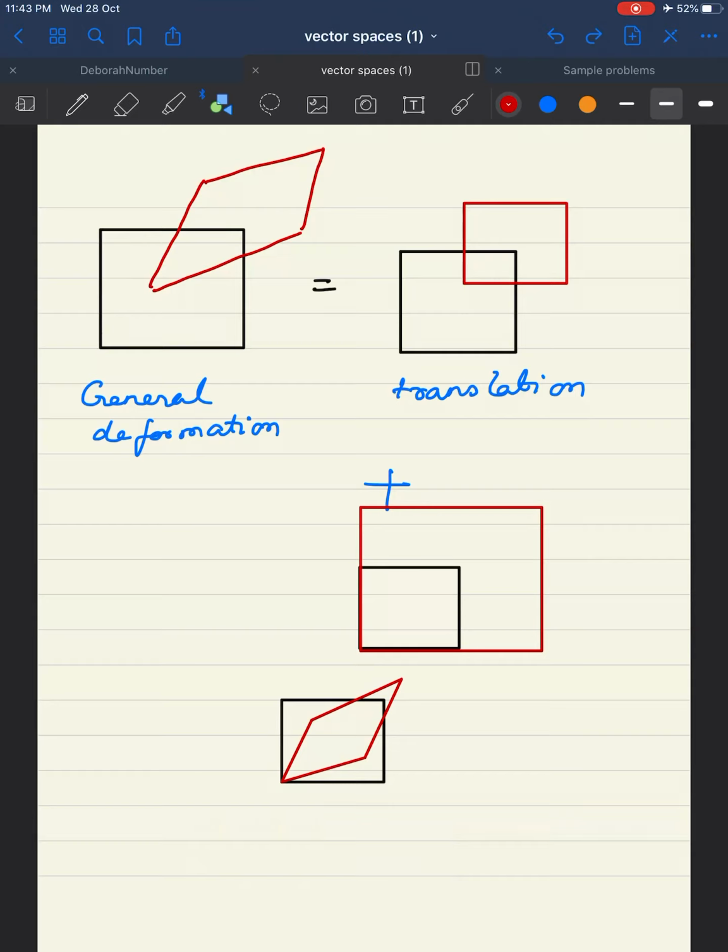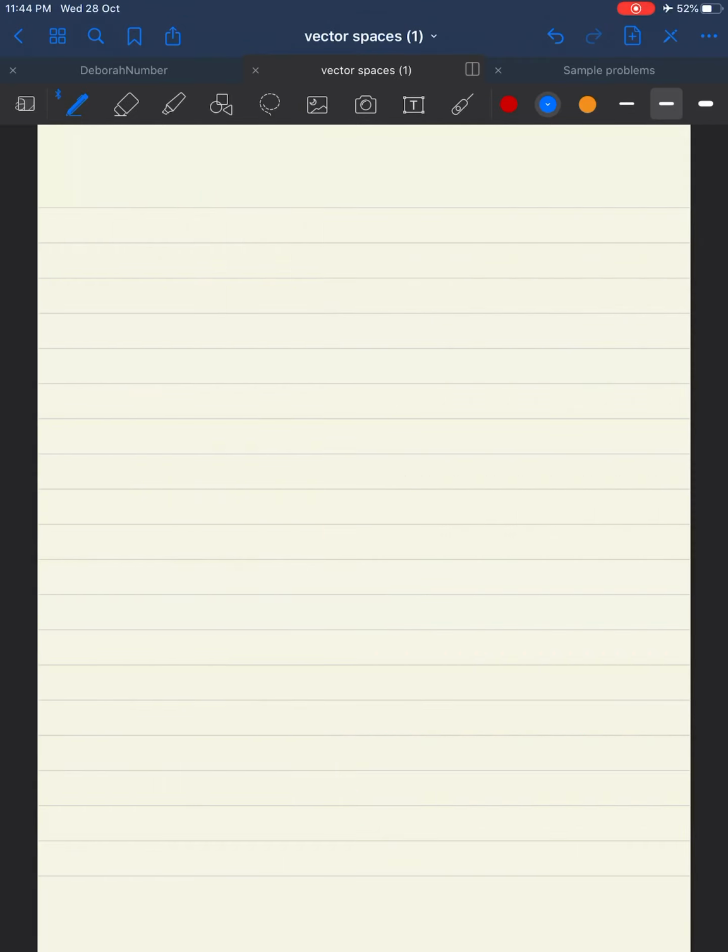So this is dilation. This is angular deformation. Plus there is one more.